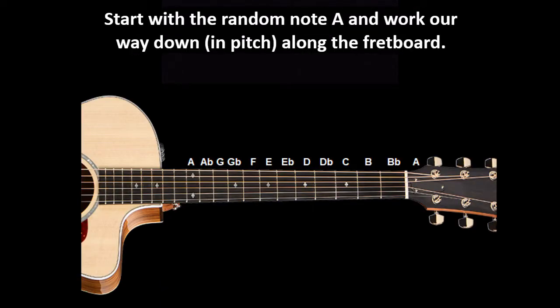To illustrate this, let's start with the random note A and work our way down in pitch along the fretboard. For example, this is A flat, G, G flat, F, E, E flat, D, D flat, C, B, B flat, and the open A string.